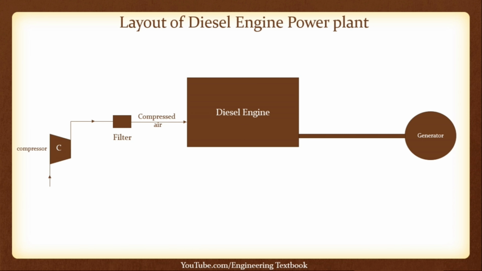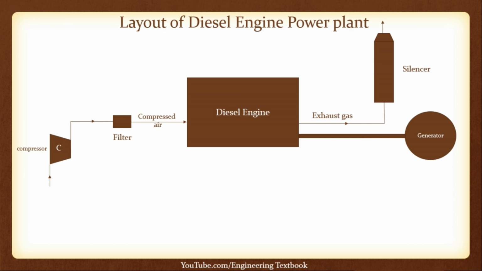Air intake system consists of a compressor and filter. The air required for the combustion of fuel inside the diesel engine cylinder is drawn through the air filter. The purpose of the filter is to remove dust from the incoming atmospheric air.